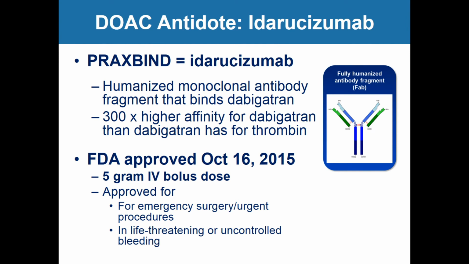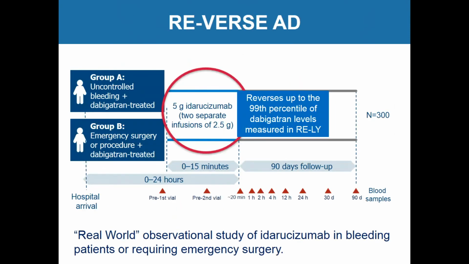It is a one dose for all patients who present with dabigatran-associated bleeding, or for those patients who require urgent or emergent surgery to fix life-threatening problems. Every patient exposed to dabigatran with these indications will get a 5-gram IV bolus dose.